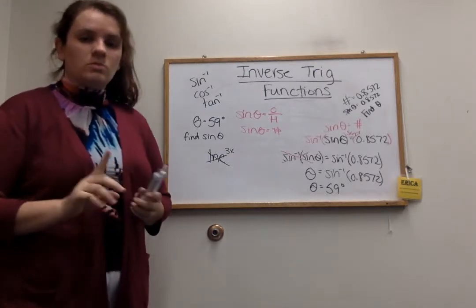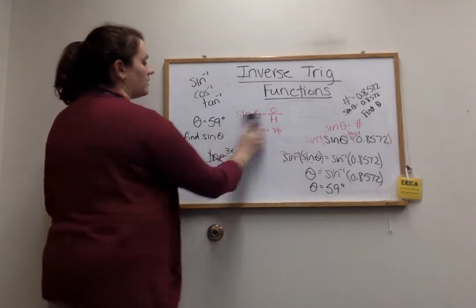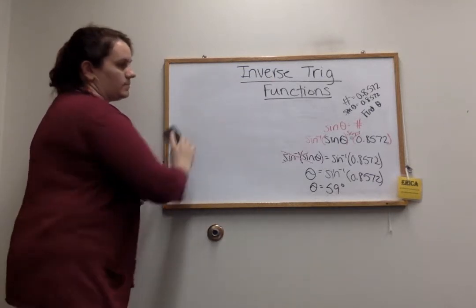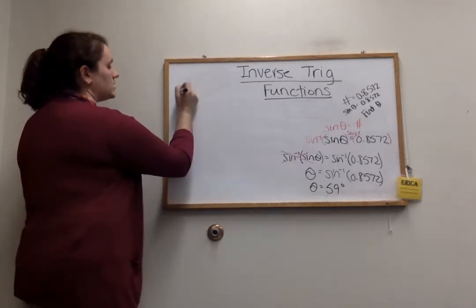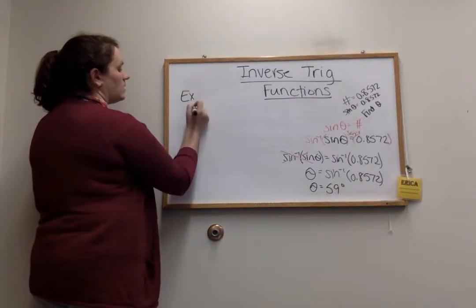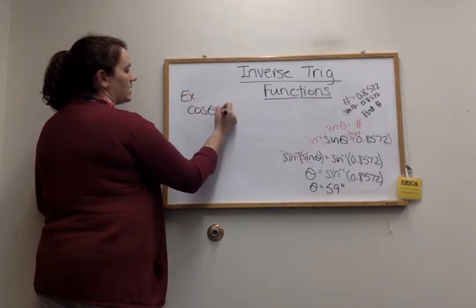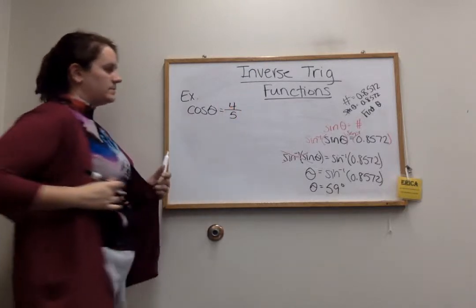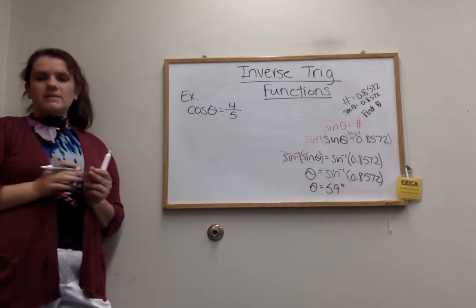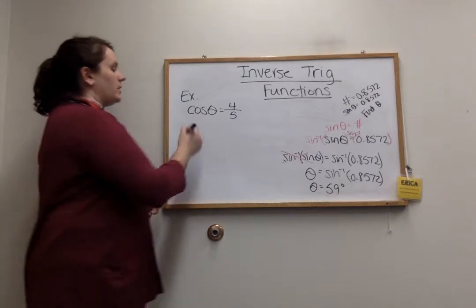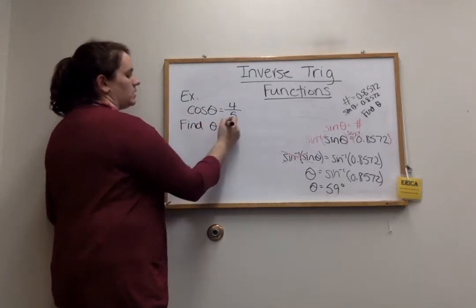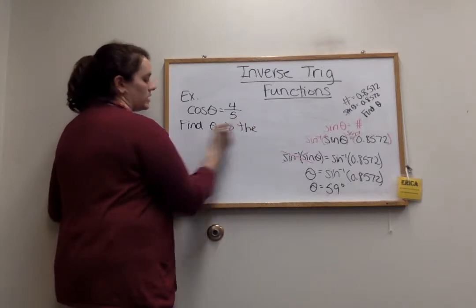Okay. We're going to do one other example just to kind of highlight that point. Okay. Example. Cosine of theta equals 4/5. Okay, so that's the information we're given, and we are asked to find theta to the nearest degree.